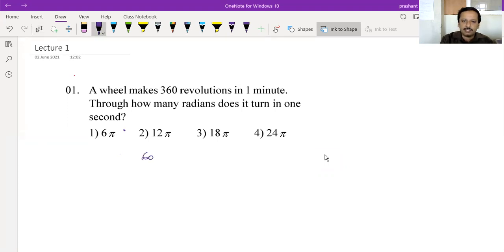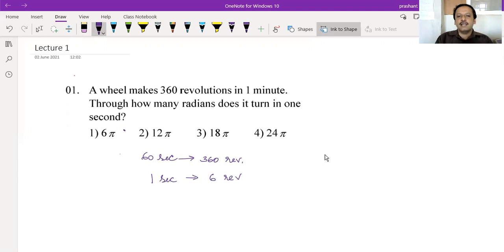Look here, they have given 360 revolutions in 1 minute. That means in 60 seconds, it makes 360 revolutions. And that means in 1 second, how many revolutions does it make? For that, we should do 360 divided by 60. That means 6 revolutions. So in 1 second, that wheel makes 6 revolutions.